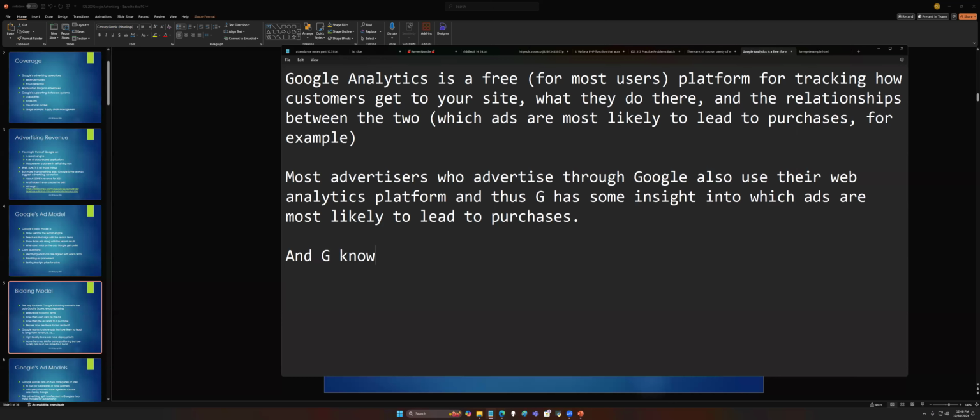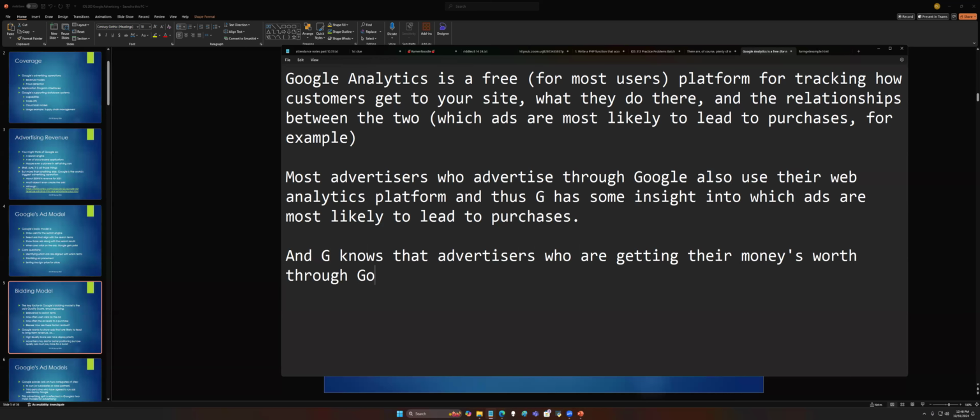And Google knows that advertisers who are getting their money's worth through Google Ads are likely to keep using it.